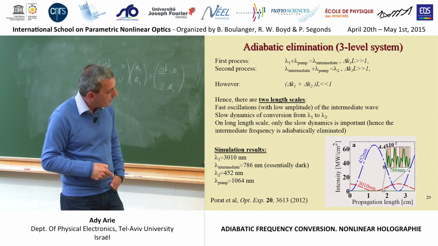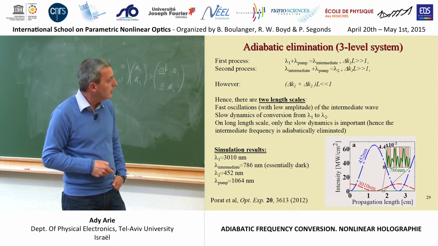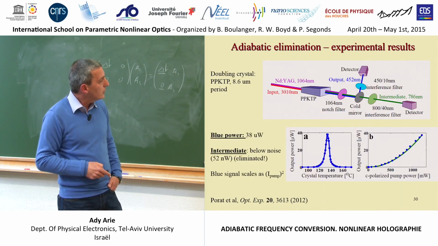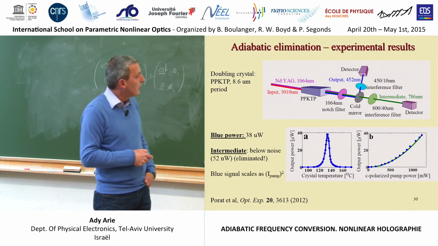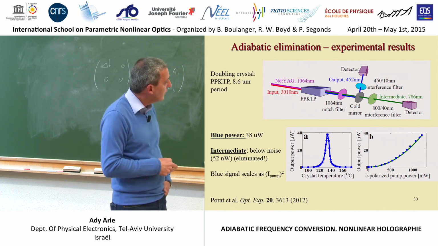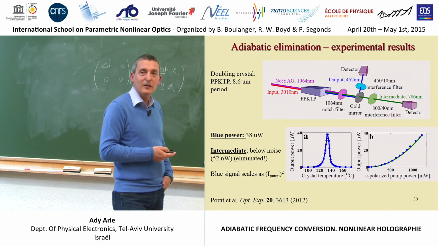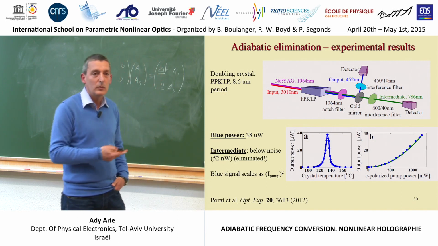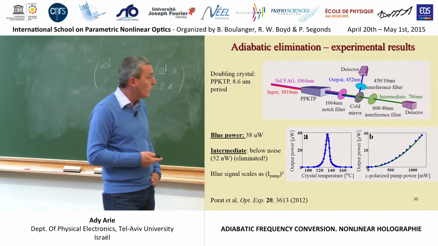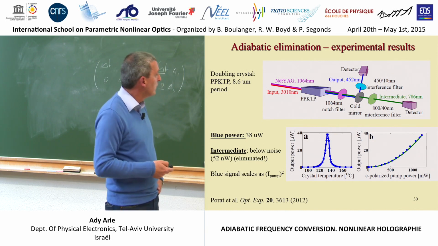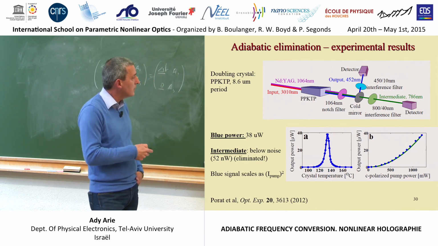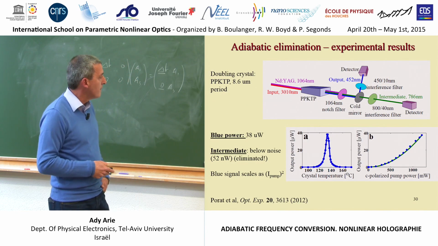It just showed that, in fact, there is nothing here in the intermediate frequency. And this was also shown in experiment. So we can get the blue light. We could not measure the intermediate wavelength. It was below the sensitivity of the detector, which was about 52 nanowatts in our case.